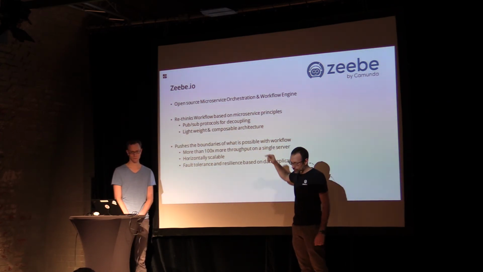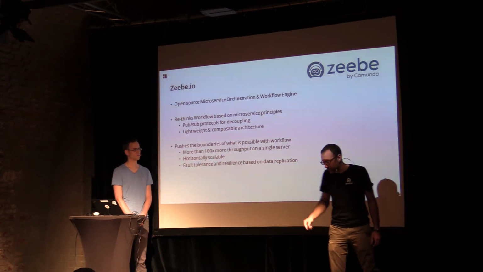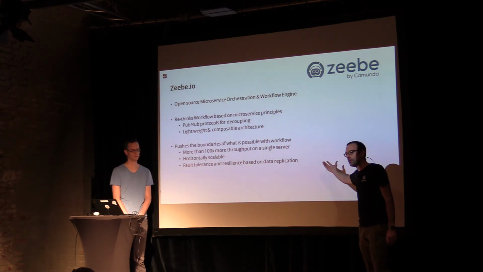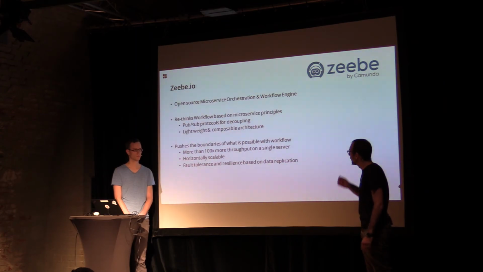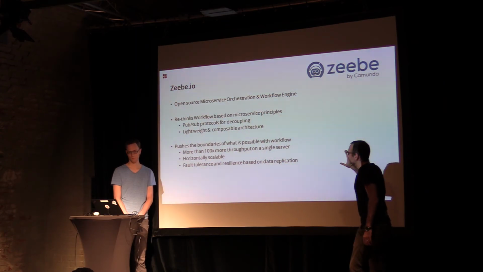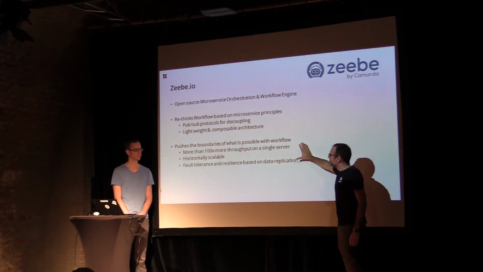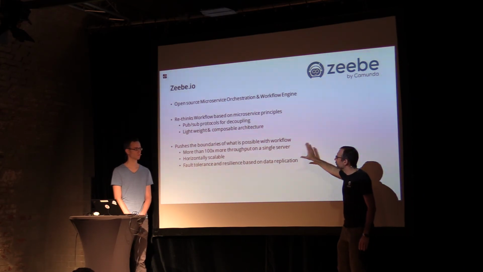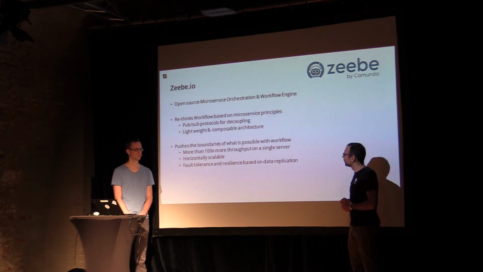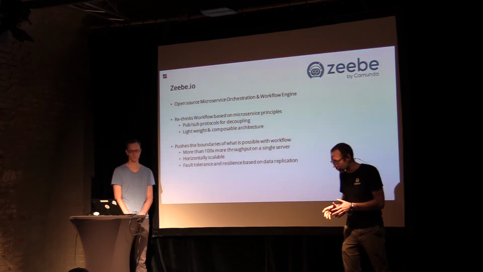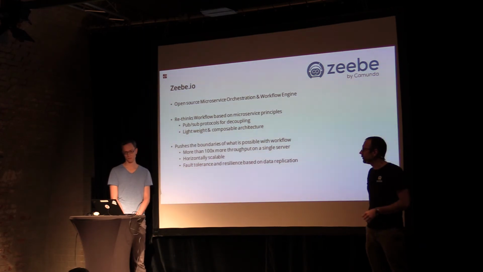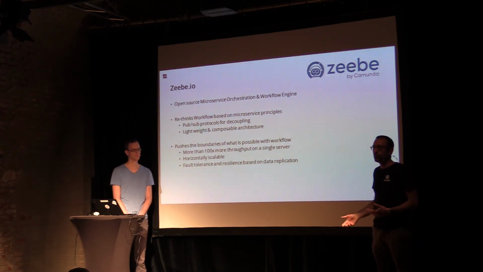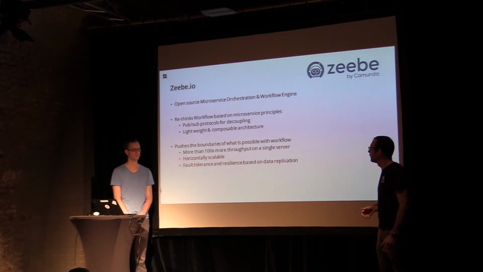And this is very different from heavyweight systems that we've seen in the past, particularly in the workflow and also BPMN, business process management space. And we came up with this ambition to push the boundaries of what is possible with workflow. So we're going to show how the CB system on this machine that we see there is more than 100 times faster than traditional workflow engines.